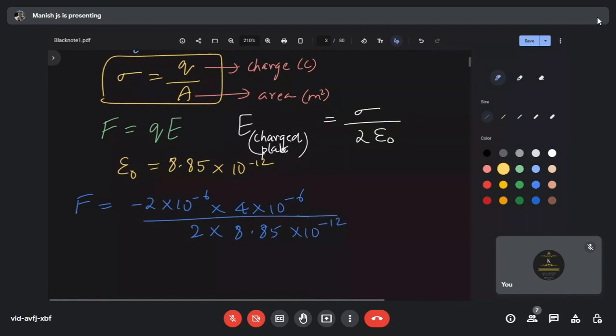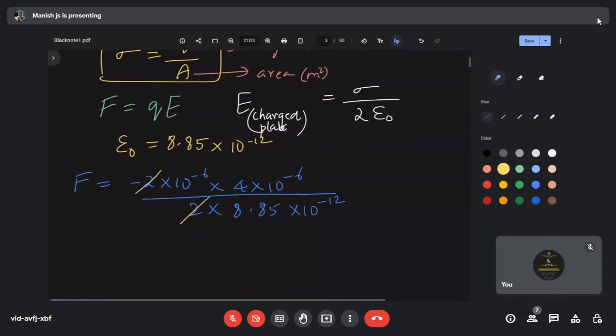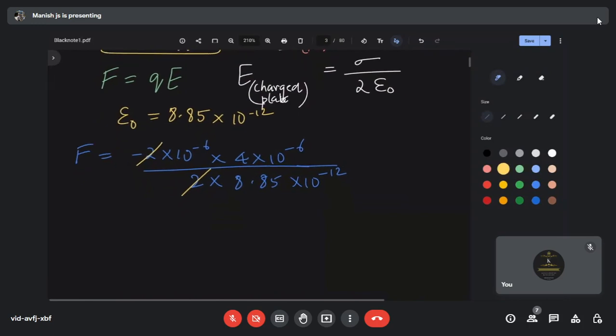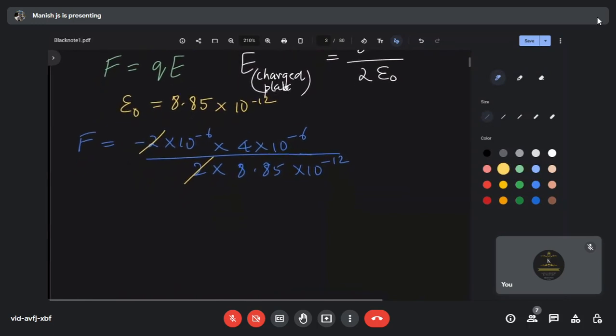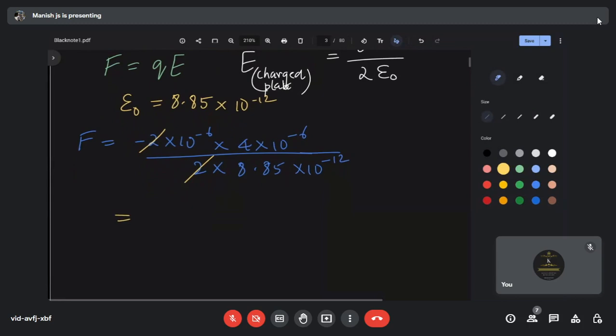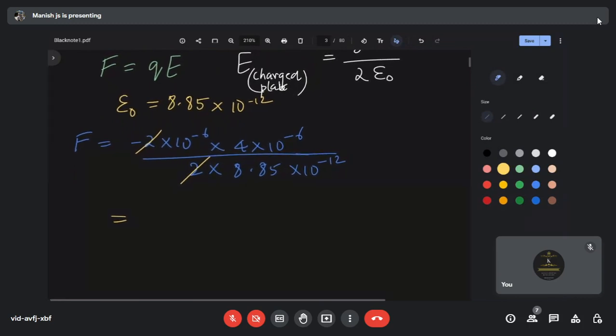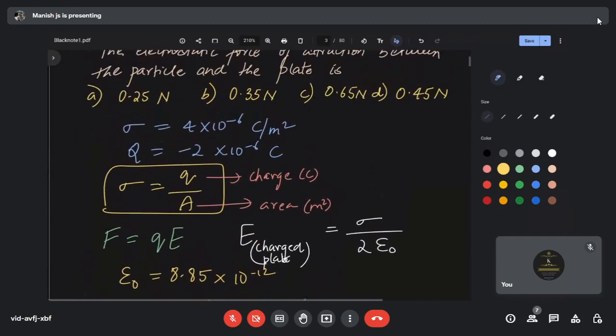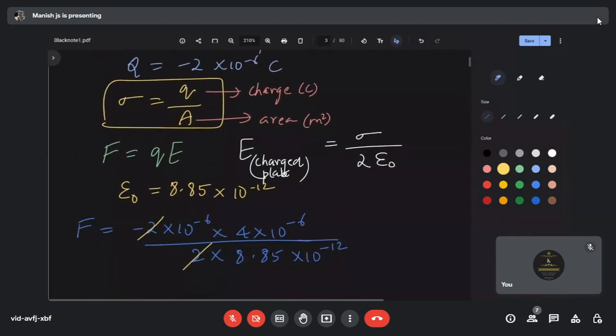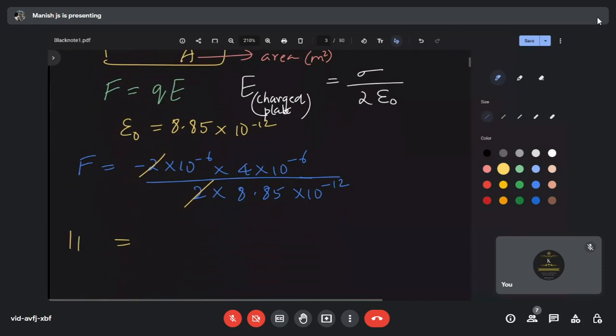So you have to simplify this. 2 you can cancel off. 4 upon 8.85 is what you will have to find out. So overall, we are considering the magnitude only. So you need not really use the negative sign, because force is a vector and we are only considering the magnitude. So we can take the modulus. So tell me what is the value?